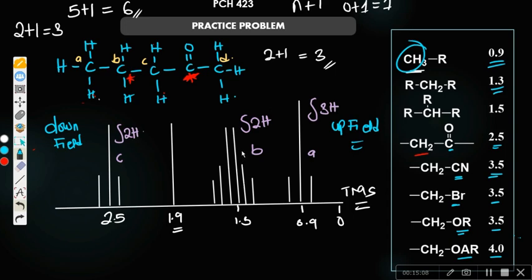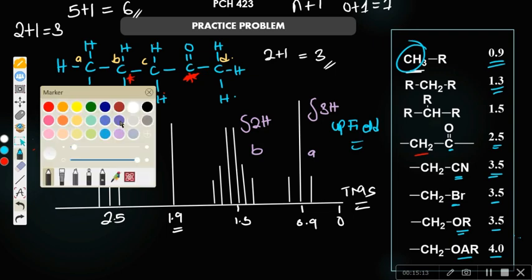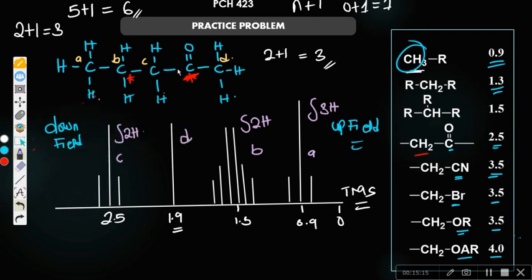You state that reason. And then you say this is carbon D. This one here is what? Carbon D, right? Carbon D actually has one neighboring carbon, but that neighboring carbon has no proton. So it will be 0 plus 1, which will be seen as a singlet.